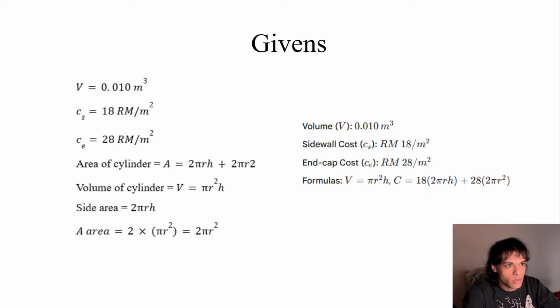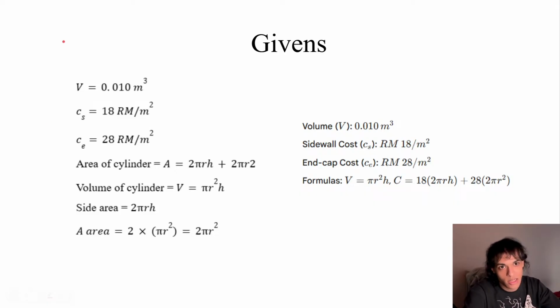Before we get into that, we need to basically optimize the cylinder so that it costs the least amount of money to make. And how do we do that? We need to know the minimum height, the least amount of height.